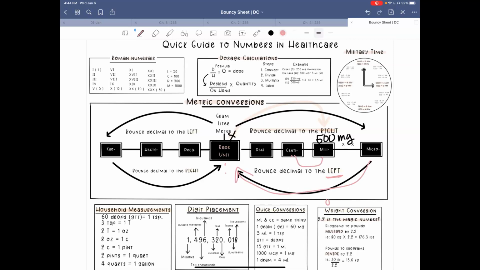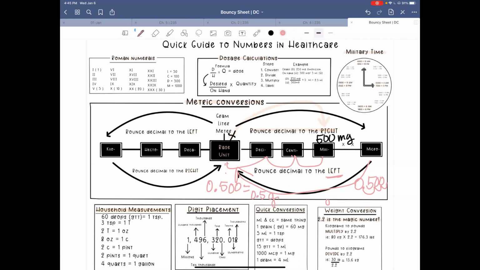So we would bounce 1, 2, 3 times. In this instance, 500, the decimal's back here at the end, we would go 1, 2, 3, and put a 0 there because it's going to be less than a whole number. So 500 milligrams is actually equal to 0.500, or to simplify that, 0.5 grams.